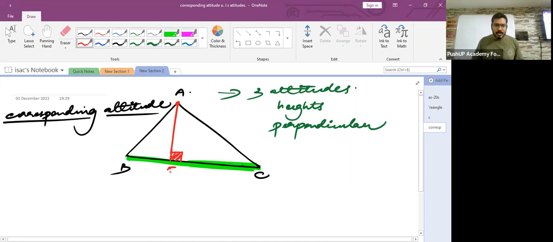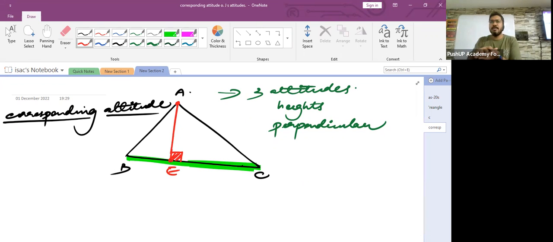Imagine, children, I'm plotting this point as E. Wherever that red colored line falls on BC, that point is taken as E. So the red colored line segment which you can see here, AE, happens to be the corresponding height of BC.